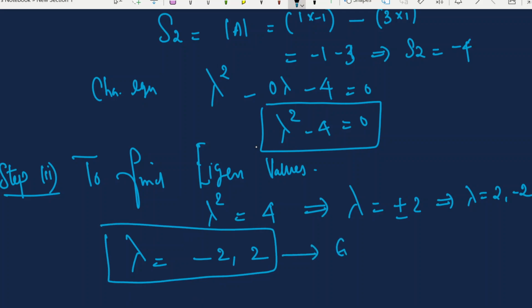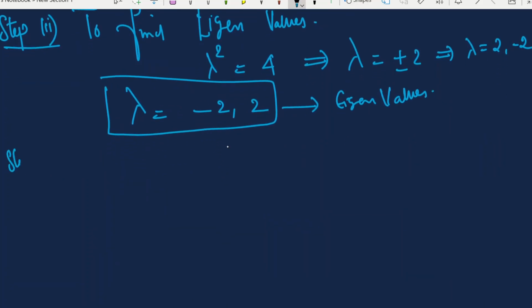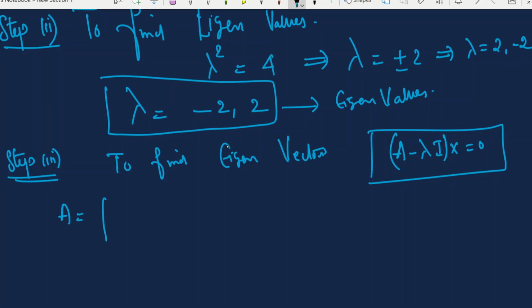These are our eigenvalues. This is our step 2. And step 3, to find the eigenvector. For finding the eigenvector, (A minus lambda I) x equals 0. So what is A minus lambda I? This is our A: [1 1; 3 -1].